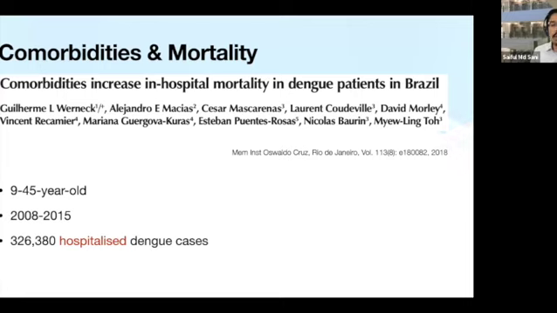A paper, and this is a huge study from Brazil, had participants who were 9 to 45 years old. They took from the years 2008 to 2015, and they had over 3,000 hospitalized dengue cases.